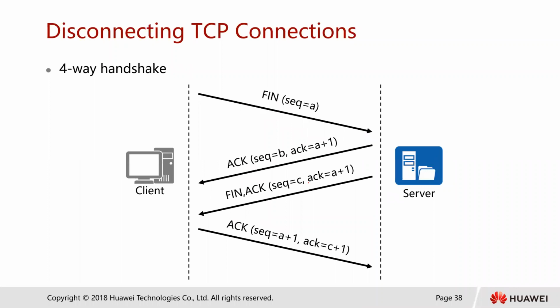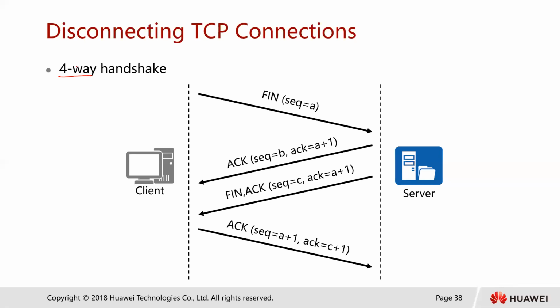Let us also look at disconnecting the TCP connection. Unlike the three-way handshake for establishing the connection, this time we have a four-way handshake for disconnecting. To terminate a connection, TCP uses a four-way handshake process.